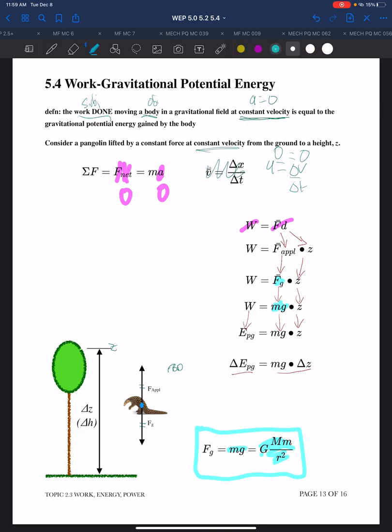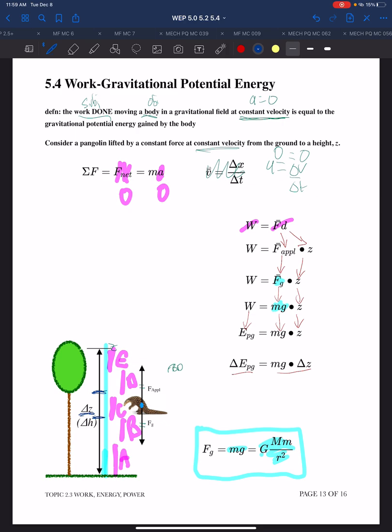And so if we have some potential energy that is gained raising it all the way to z, that gain in total potential energy would be equal to the sums of all the smaller changes in gravitational potential energy, let's say from location A and B and C and D and E. The total potential energy is going to be equal to the sums of the individual potential energies. So a change in potential energy from, say, this location to this location is going to be due to that force applied over that height change, delta z.